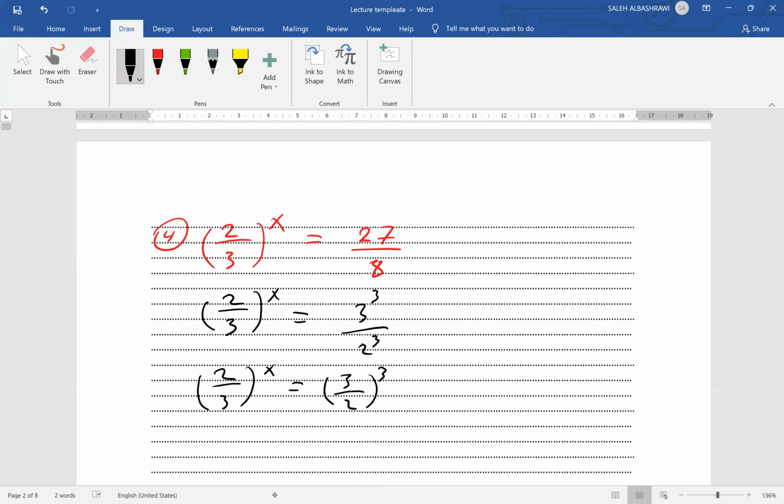But since in the left-hand side the base is 2 over 3, but in the right-hand side it is 3 over 2, I can write it upside down. This is equal to 2 over 3 and change the sign of the power. Now I have the two bases are the same, 2 over 3 and 2 over 3. So I can take the power. I will say that x is equal to minus 3. So x equal to minus 3.